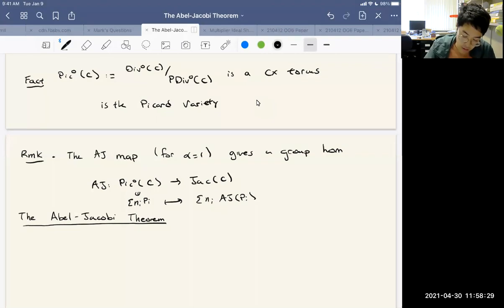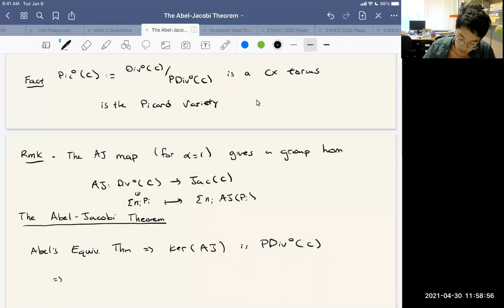Oh sorry, maybe this should be Div 0. Abel's equivalence theorem says that the kernel of the Abel-Jacobi map is the principal divisors of degree 0.